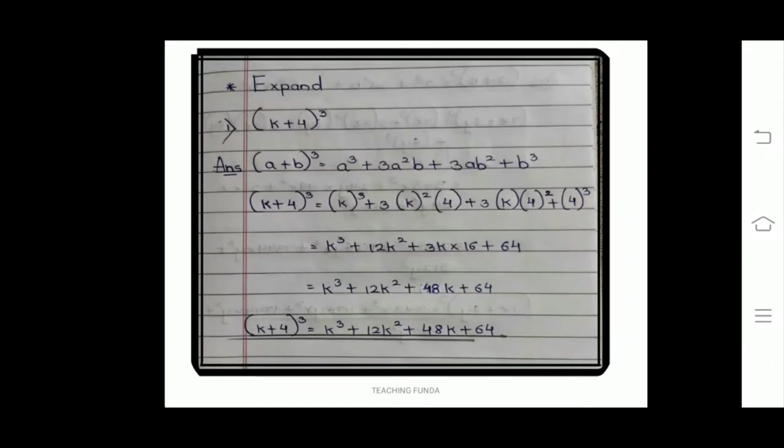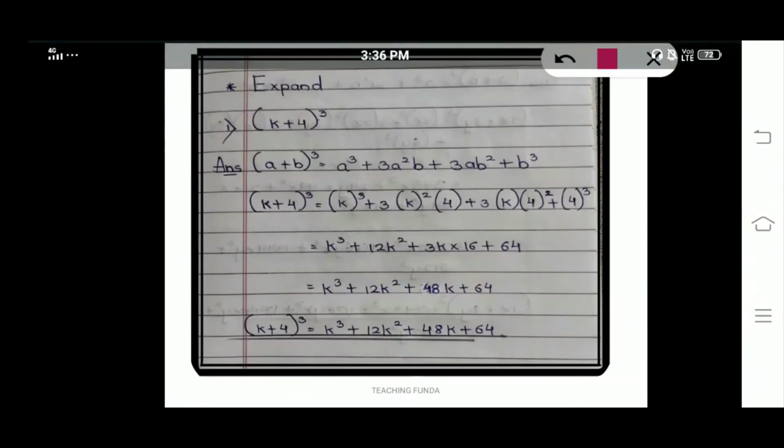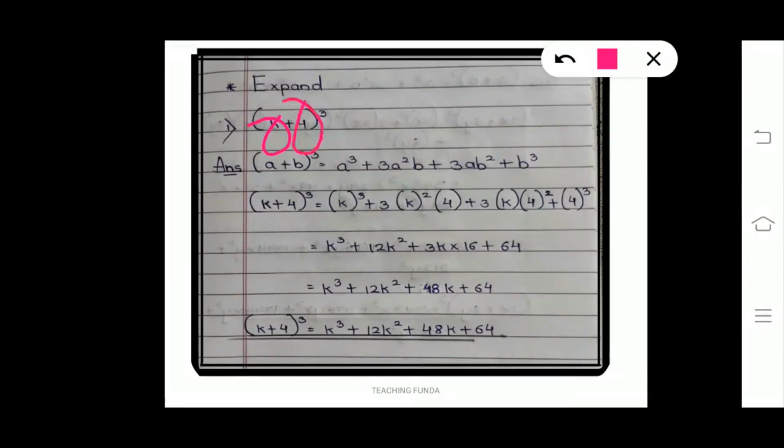Plus 3 first term square into second term, plus 3 first term into square of second term. Now I am putting the values in this formula, students. See here, a is what? k, and b is what? 4. Okay.